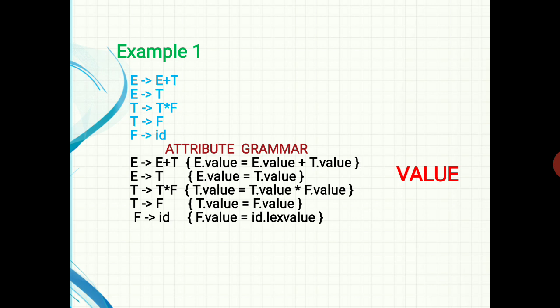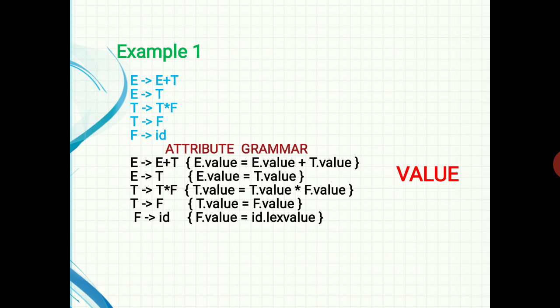Here the value is the attribute associated with the non-terminals E, T, F. So here only one attribute is there, that is the value. After augmentation of this value, that is the attribute, the grammar will become the attributed grammar.